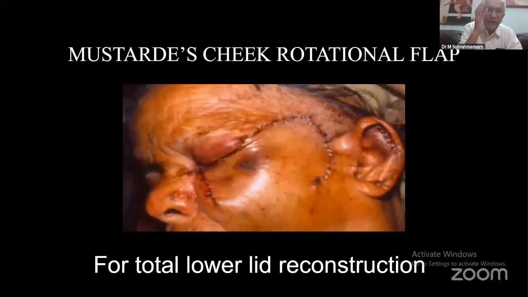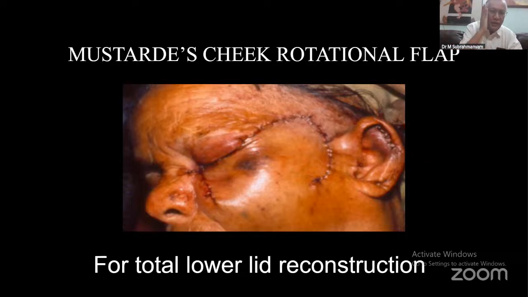If the tumor is very big in the lower lid, the entire lower lid has to be removed. What we do is excise the entire tumor in the lower lid. Again, the posterior lamella has been reconstructed with the help of a tarsal graft from the opposite upper lid.